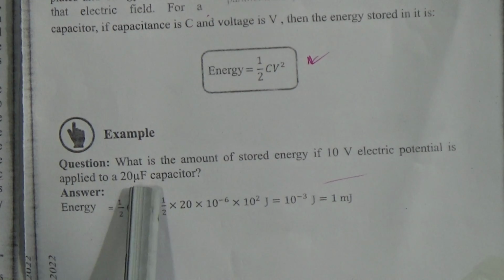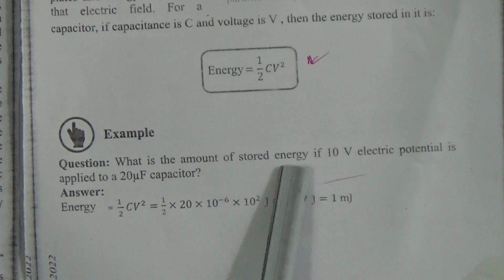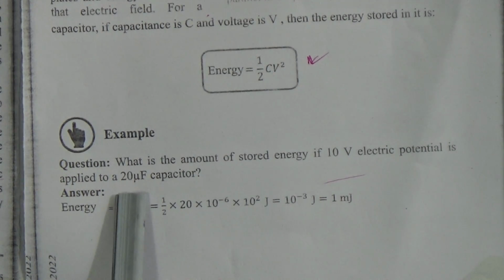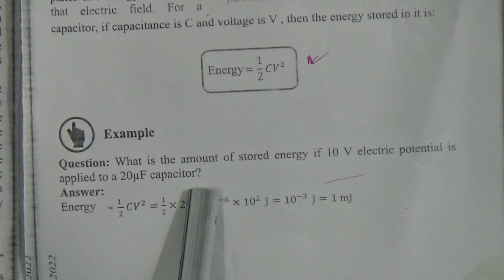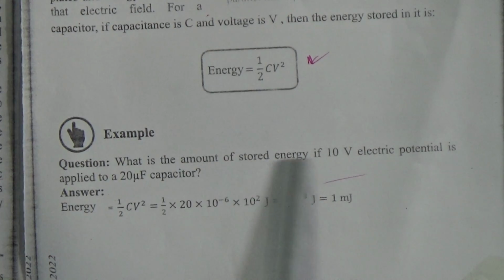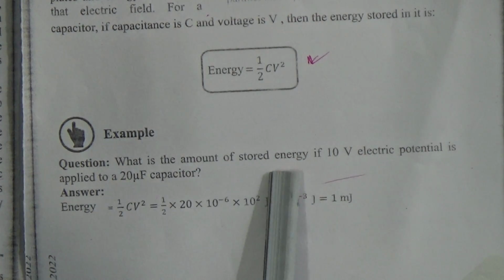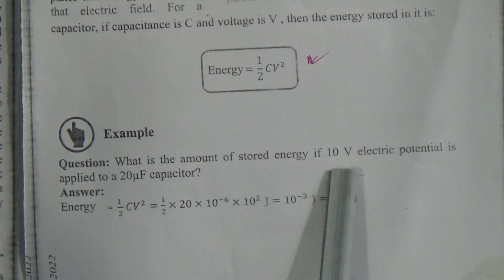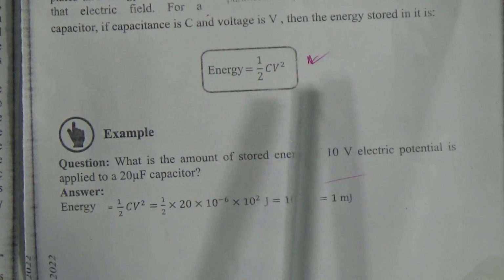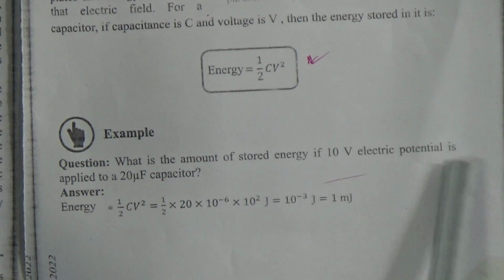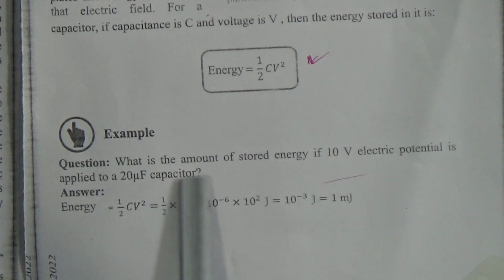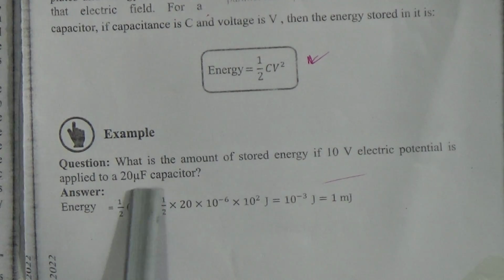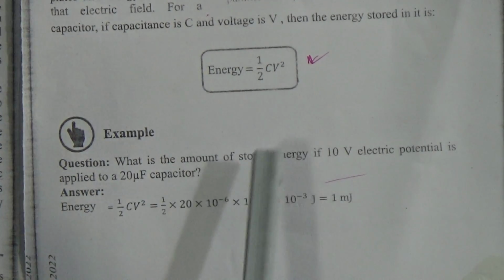The question: what is the amount of stored energy if 10 volt electric potential is applied to a 20 microfarad capacitor? My dear students, see that in the question the electrical potential V is given as 10 volt, and the capacitance of this capacitor is given as 20 microfarad.